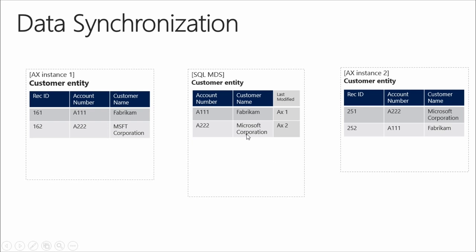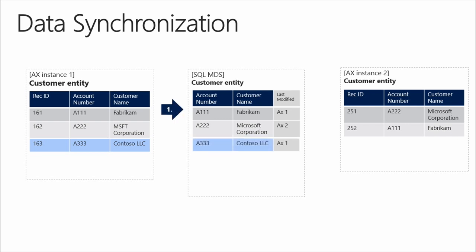In SQL MDS, the second record's customer name is actually Microsoft Corporation. The first thing that happens is, let's say you create a new record in AX instance 1 called Contoso LLC. Then when the data sync happens, Contoso LLC is created in the SQL MDS database.